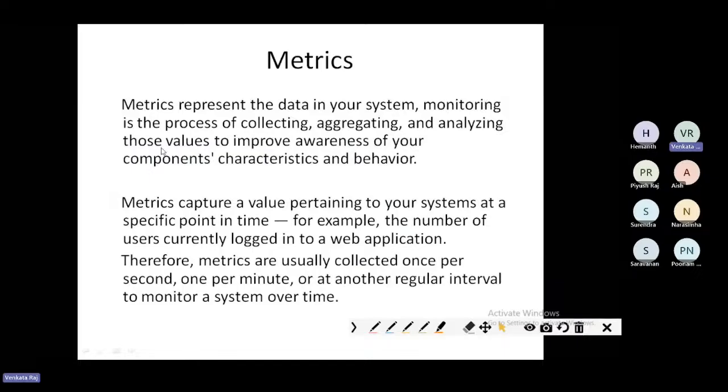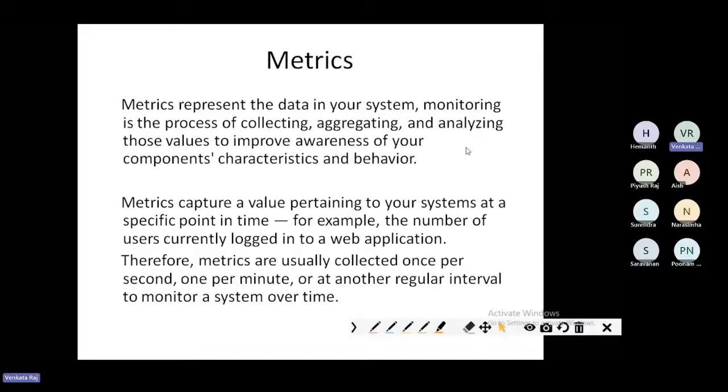So now, what is metrics? Metrics represent the data in your system, right? So you collect the metrics, you monitor your system, and why are we doing the monitoring, guys? We are doing the monitoring to collect data, to collect the metrics, and by looking into those metrics, we will be able to know whether our application performance is in the right direction or in the wrong direction.